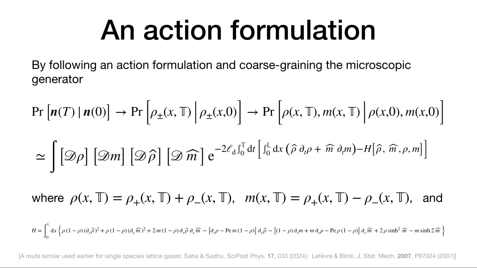You have this microscopic description, and from there you are describing in terms of a coarse-grained density. Usually when you go from micro to macro, there is also an entropy term, but here the entropy term is not very relevant, it's subleading. But basically at this level you have this.